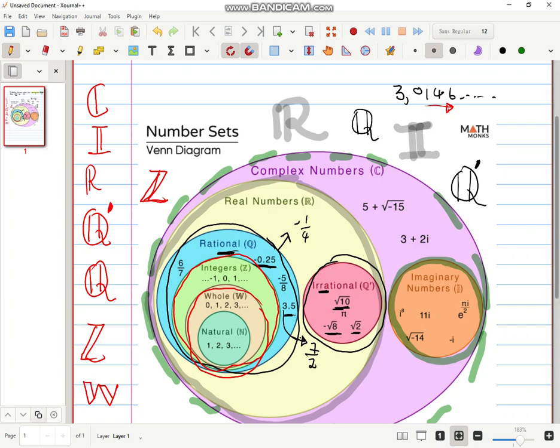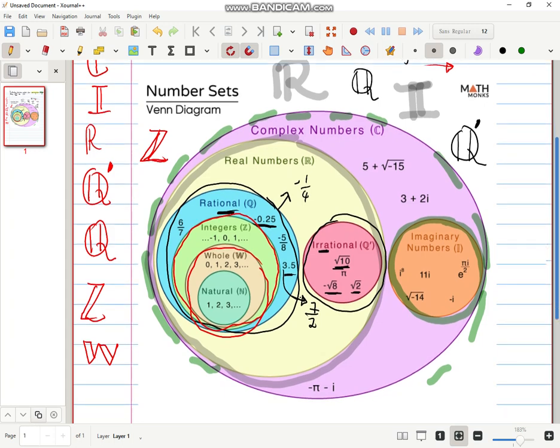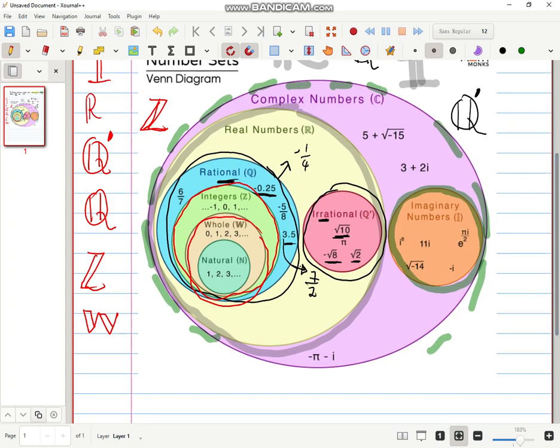And then lastly, you have your natural numbers. As the name suggests, in nature you cannot count things in negatives. You always start at 1. So your natural numbers start at 1. So please make sure that you remember this.